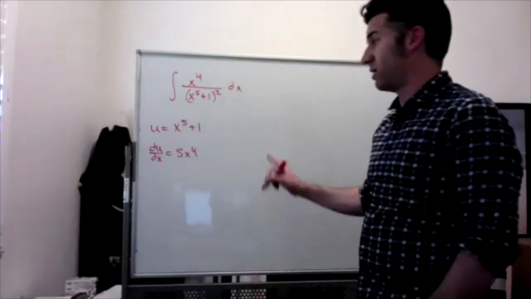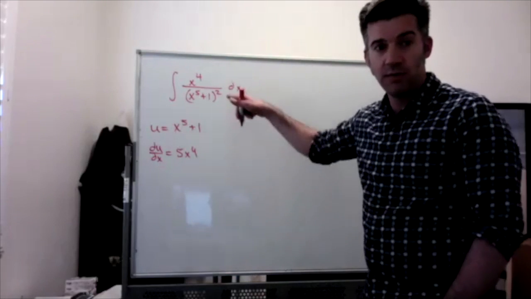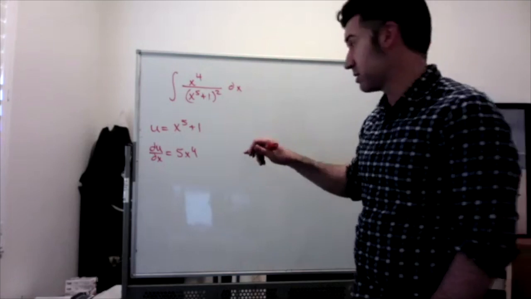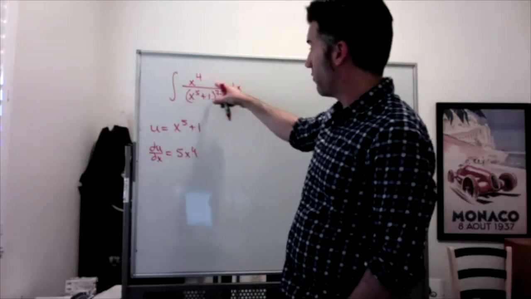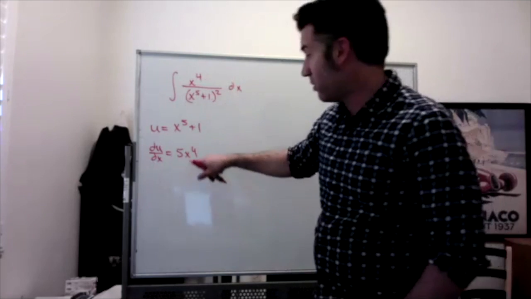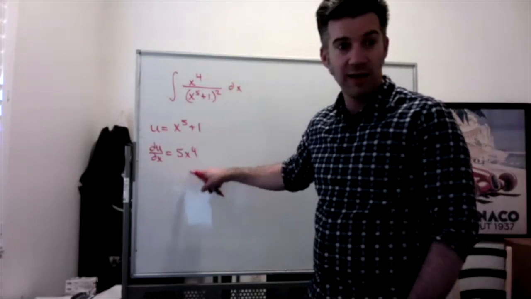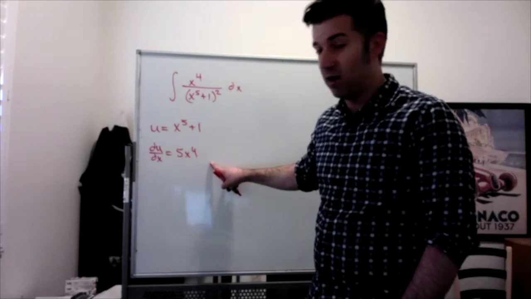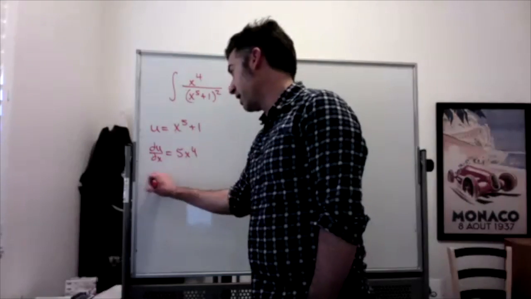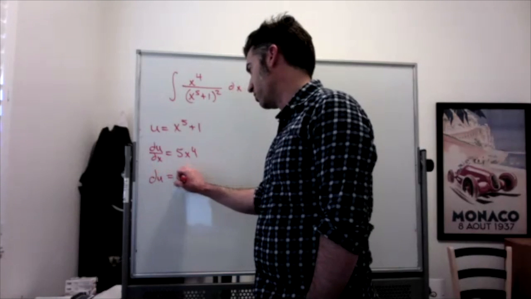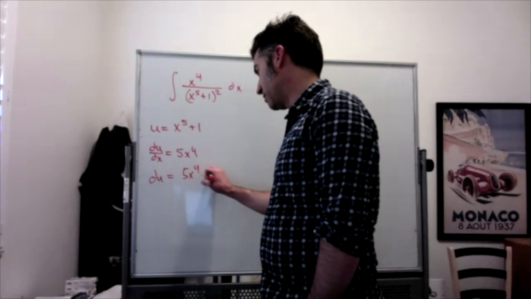The thing here now is we have to change this to being in the variable u instead of the variable x. So I see I have an x to the 4th times dx. I want to make this look like x to the 4th times dx on the right hand side. First and foremost, you're always going to rewrite the derivative as du equals your derivative times dx.